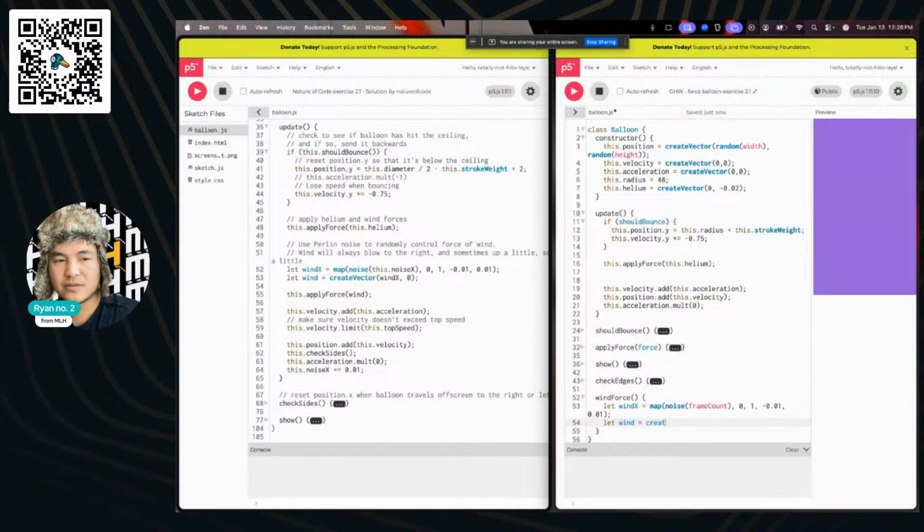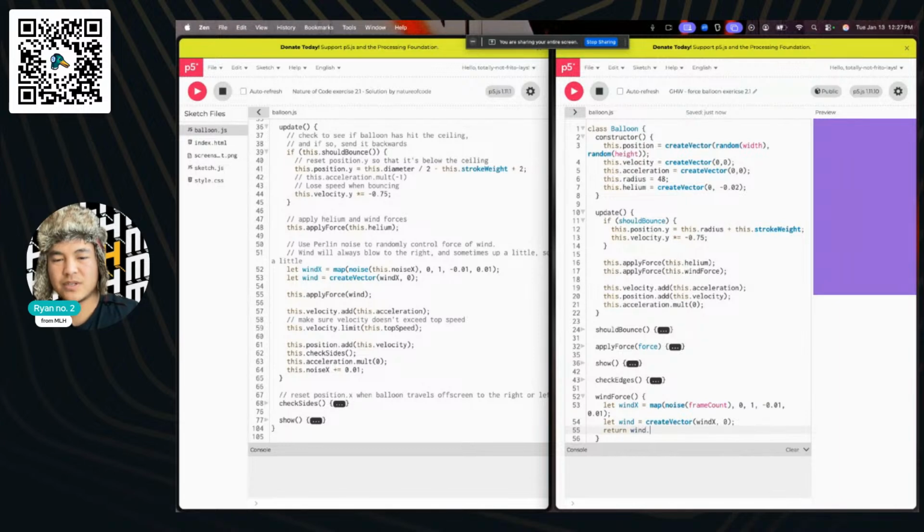Let wind is equal to create vector, and x, 0. This dot apply force, this dot wind force. I guess we would need to return something here.